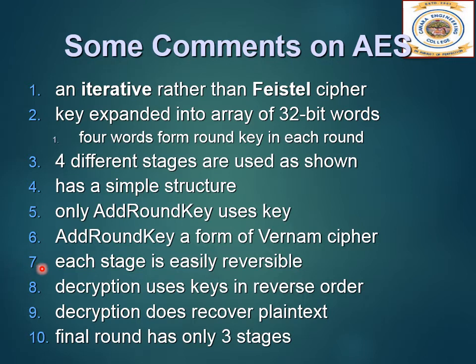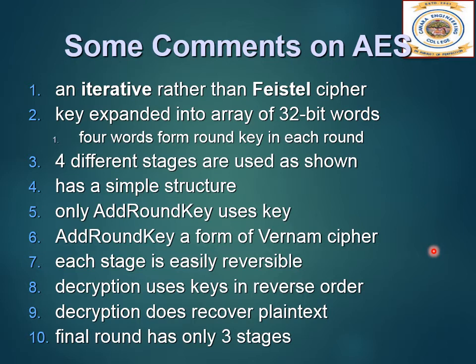The add round key is a form of Vernam cipher and by itself would not be formidable. The other 3 stages together provide confusion, diffusion and nonlinearity, but by themselves will not provide any security because they do not use any key.